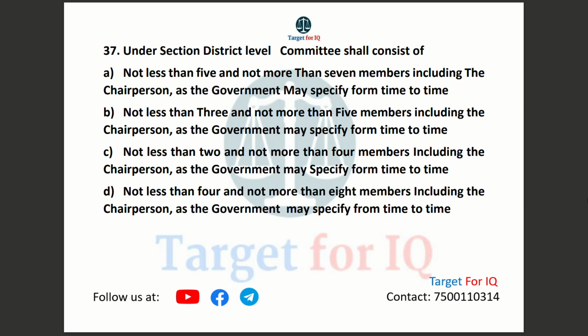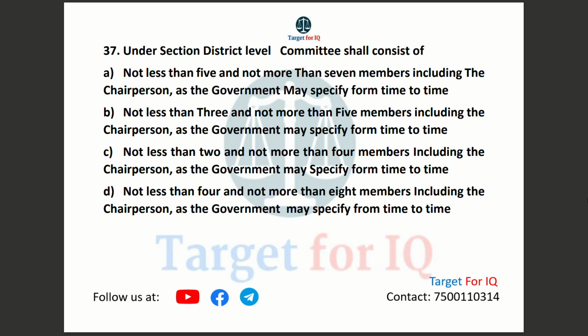Question number 37. Under this section, the district level committee shall consist of option A, not less than 5 and not more than 7 members including the chairperson as the government may specify from time to time. Option B, not less than 3 and not more than 5 members including the chairperson as the government may specify from time to time.